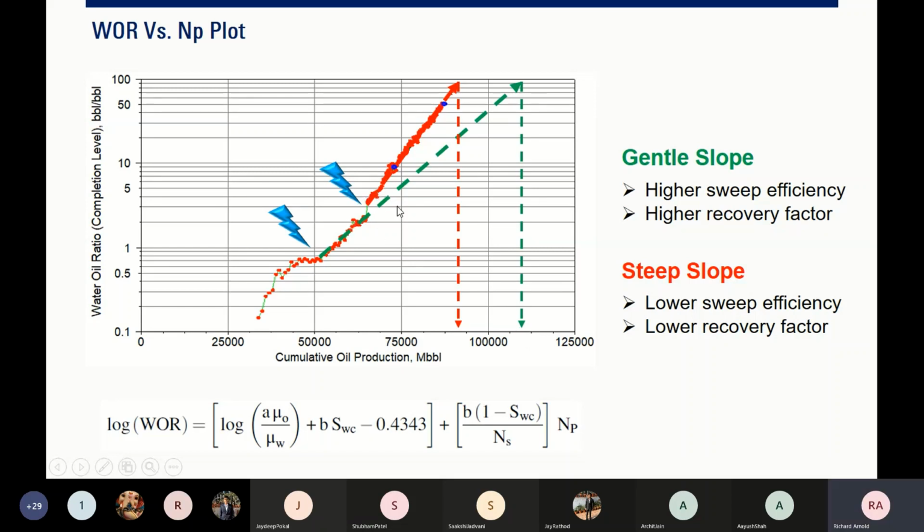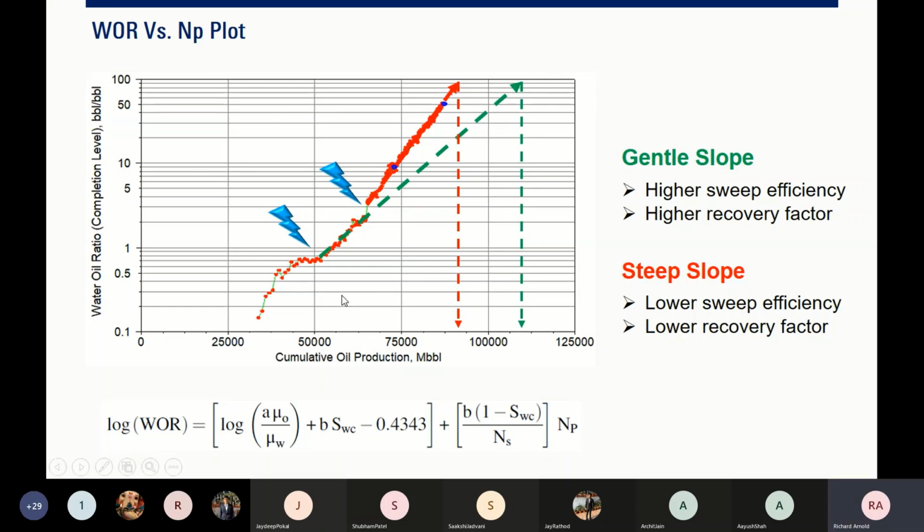But something happened here, inefficient operation, inefficient water flood, water breakthrough, or water recycling, and it will give you only around this number, below 100,000 million barrels of oil. And the difference is huge. All right, so it means that water recycling, water breakthrough is really an enemy for water flood performance.